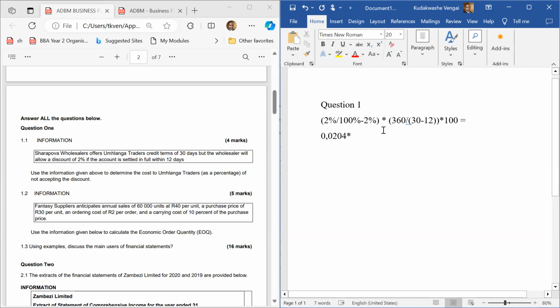So 360 divided by 30 minus 12 gives you 20. Multiply by 100. So probably that's where I was getting my 20 from. 0.0204 multiplied by 20, multiplied by 100, and then we get 40.8%.